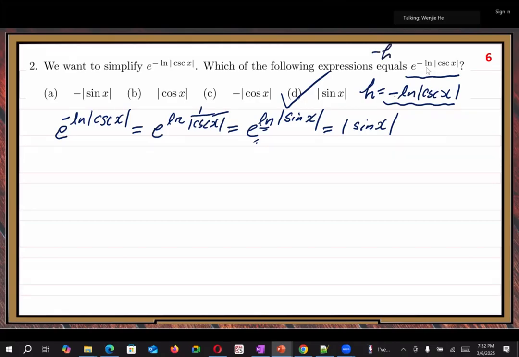But sometimes we need to use h equals this form, without the negative sign. So these two forms, sometimes you use the first one, sometimes you use the second one.